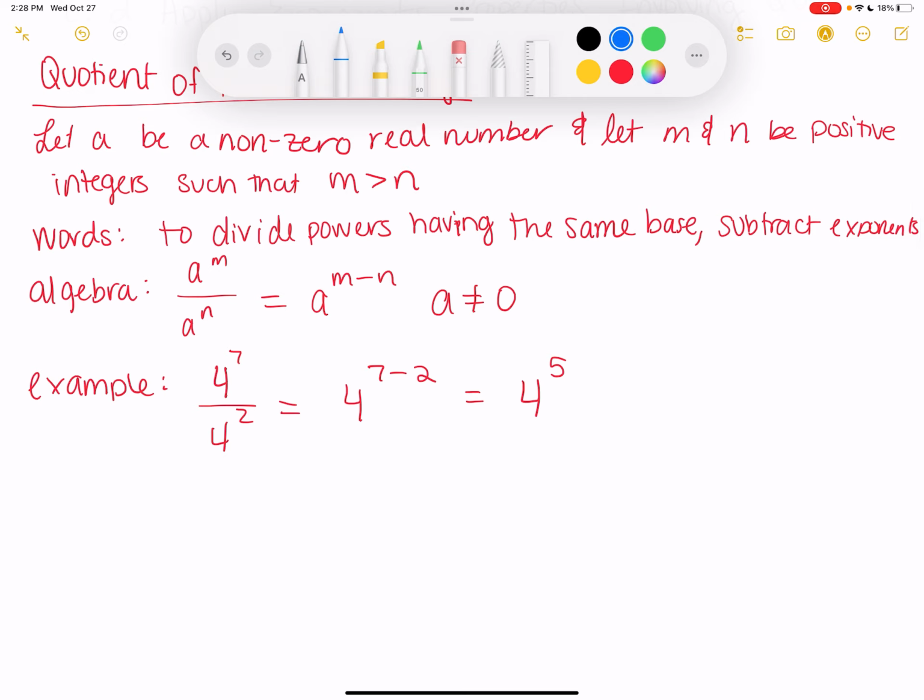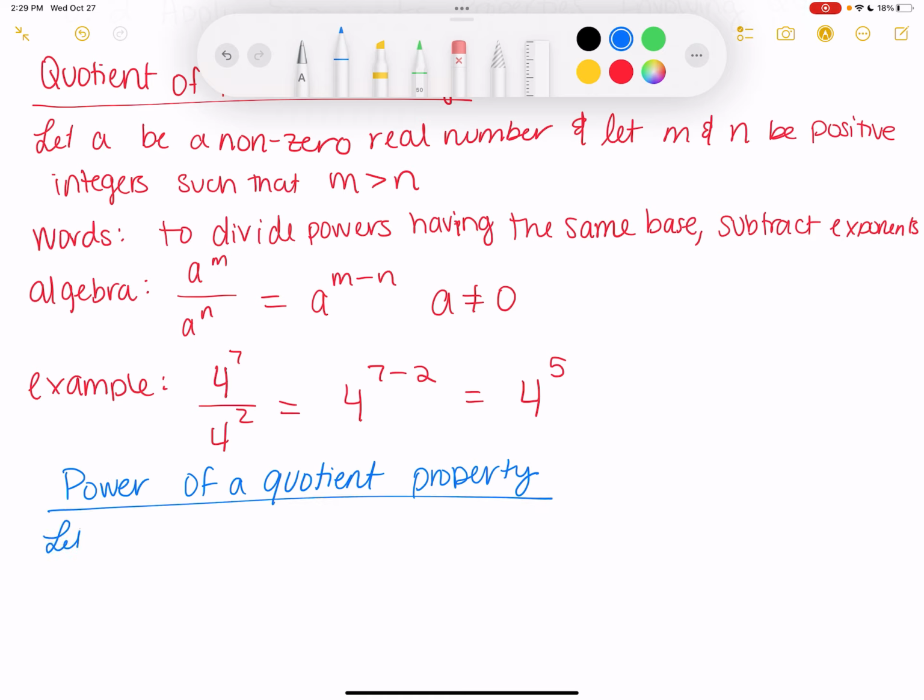And then one more property, we have a power of a quotient property. Let A and B be real numbers with B not equal to 0, and let M be a positive integer.